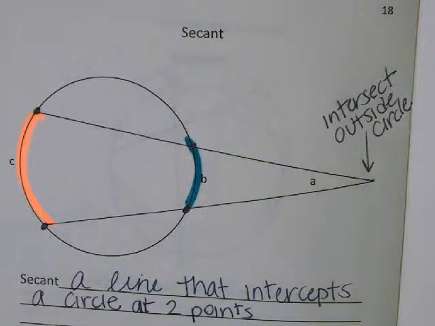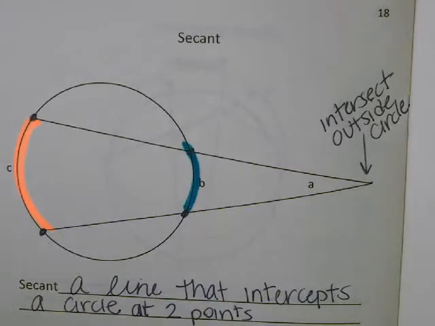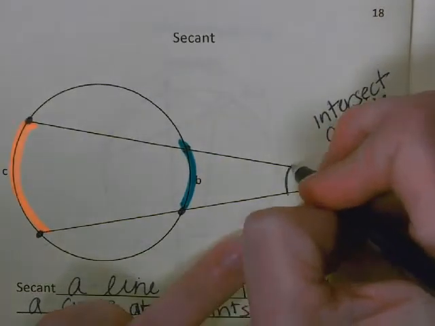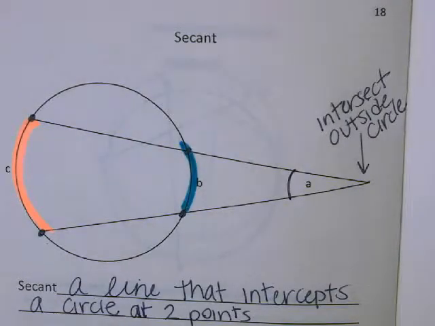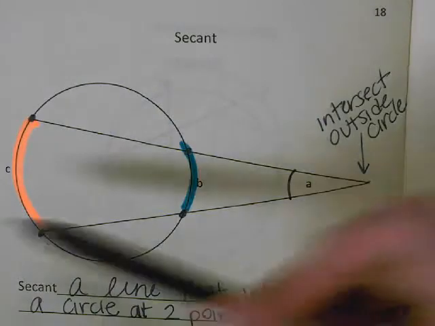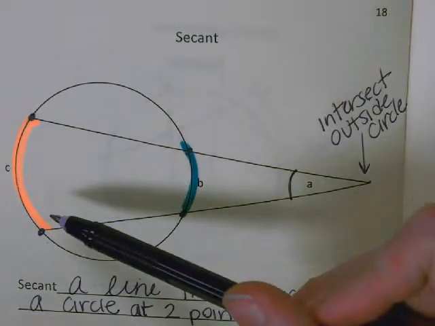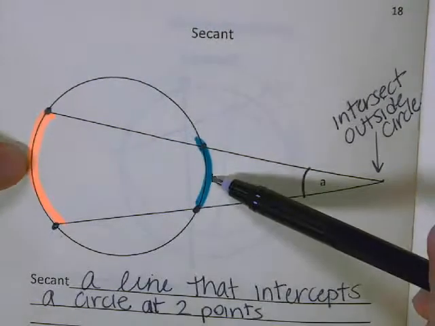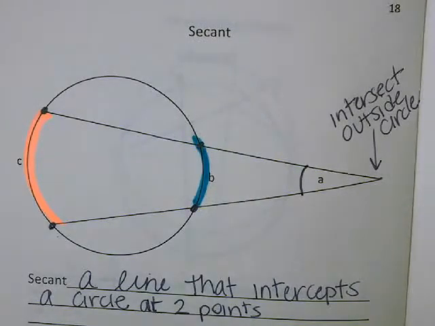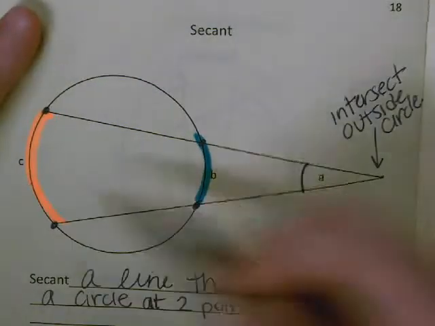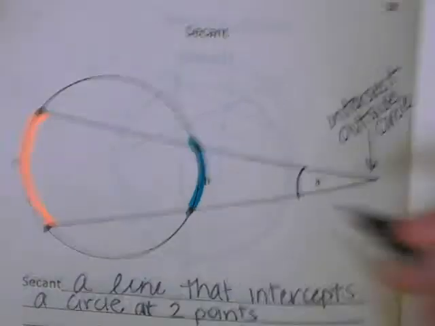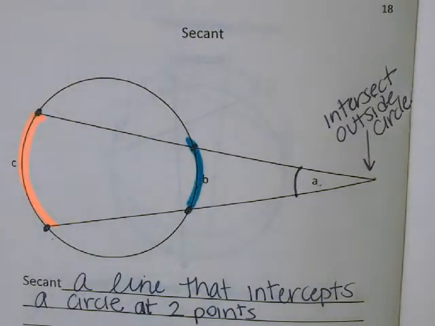Okay? And so they're saying that the angle that they form when they intersect, angle A, is equal to half of the difference between the orange and the blue. In other words, subtract the orange and the blue and then divide by 2. Okay? That's easy. You just subtract these 2 and divide by 2. And that gets you the angle. Okay?